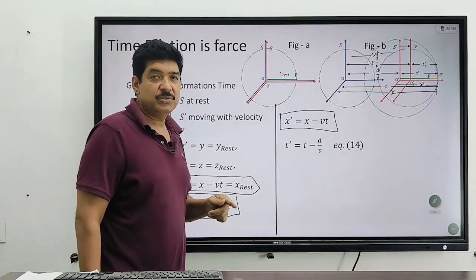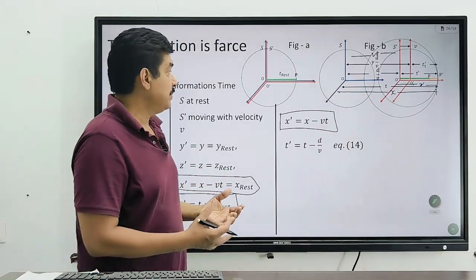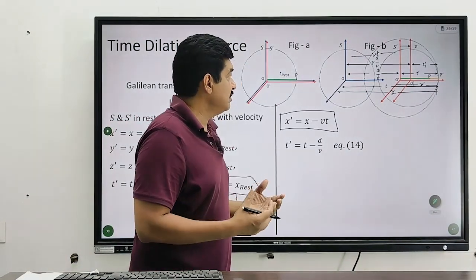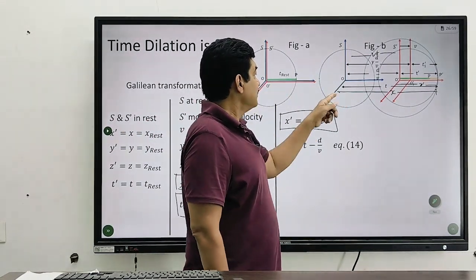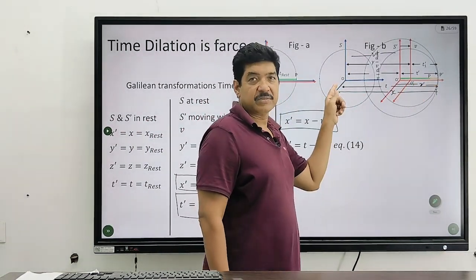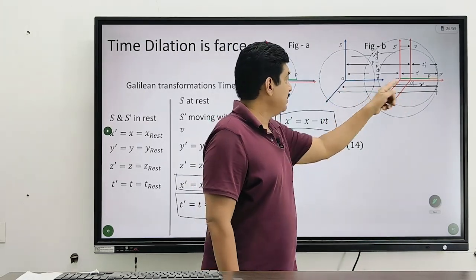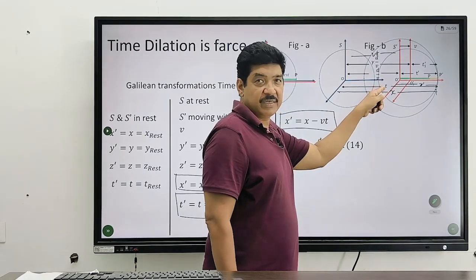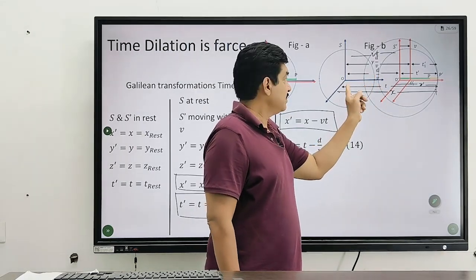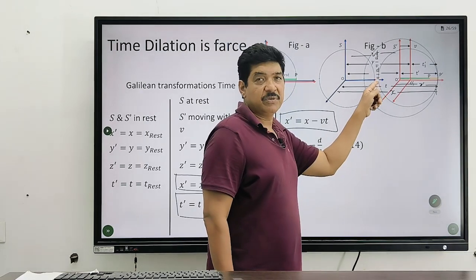Similarly, he could have used the same concept for time also, because the light will go here and come back, so it will take some time, so double the time will come. You make half of that, it becomes t. First they will get 2t, divide by 2, you will get t.